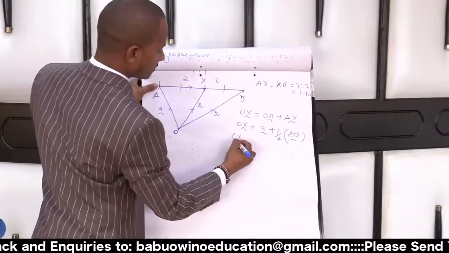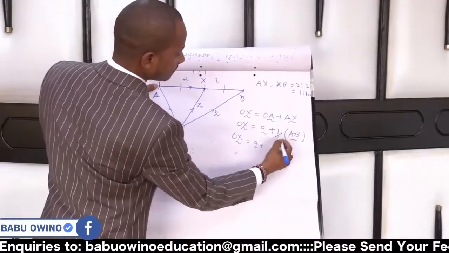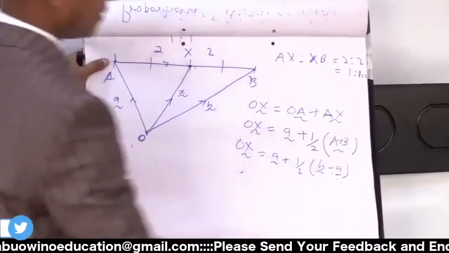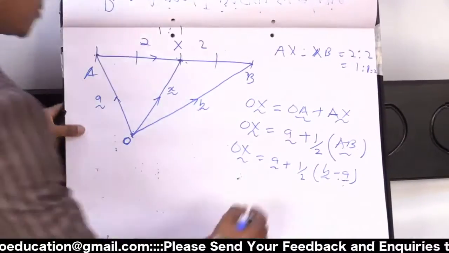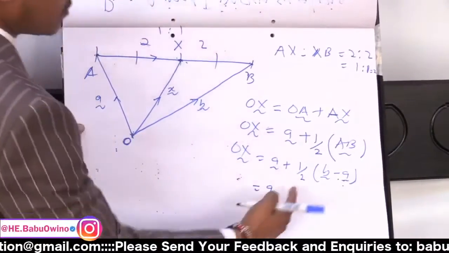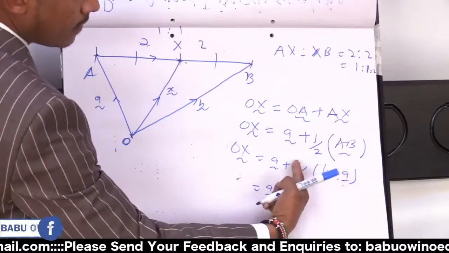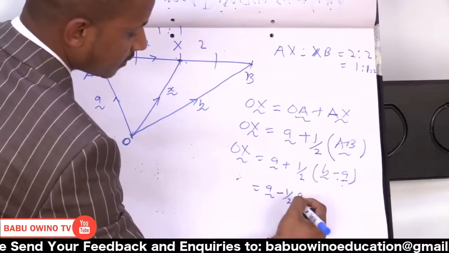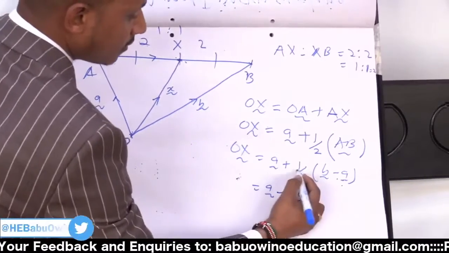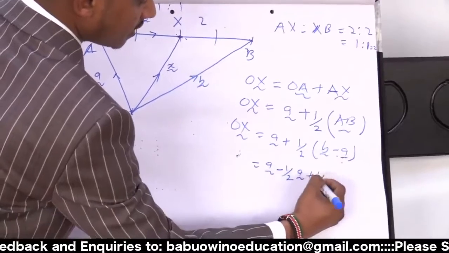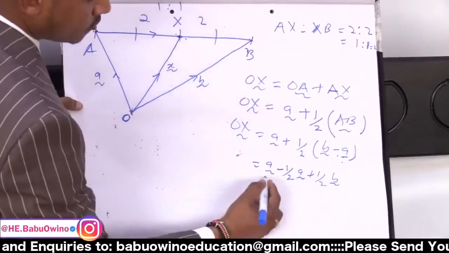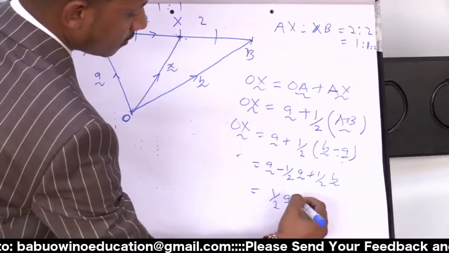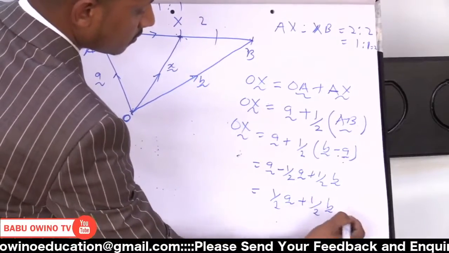So OX equals A plus a half of AB. I told you AB means B minus A. So here becomes A, then when you open the bracket, plus a half times minus A is minus a half A, then a half times B is plus a half B. When you simplify this, it becomes a half A plus a half B.